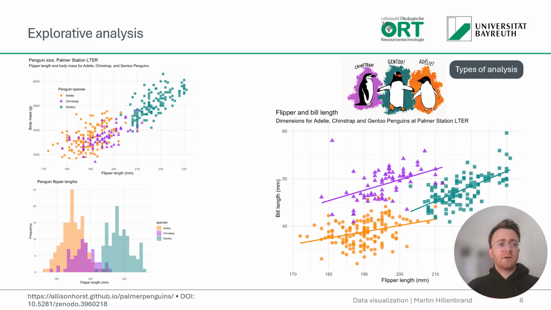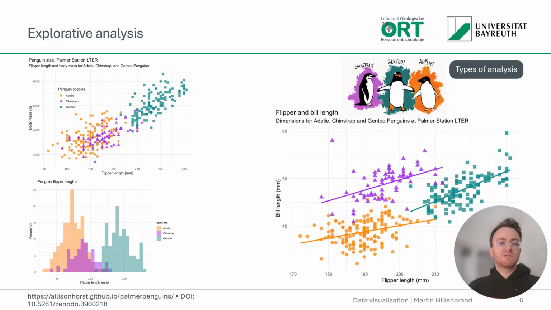And you can now have one of those scatter plots on the upper part, and you see, okay, here you have a certain clustering and grouping, and you can now also produce a frequency overview of the penguin lengths. So you have the flipper length in millimeters on the x-axis, and you have the frequency on the y-axis, and that way you can also see, okay, here are peaks, and you can see, okay, how this is interrelated.